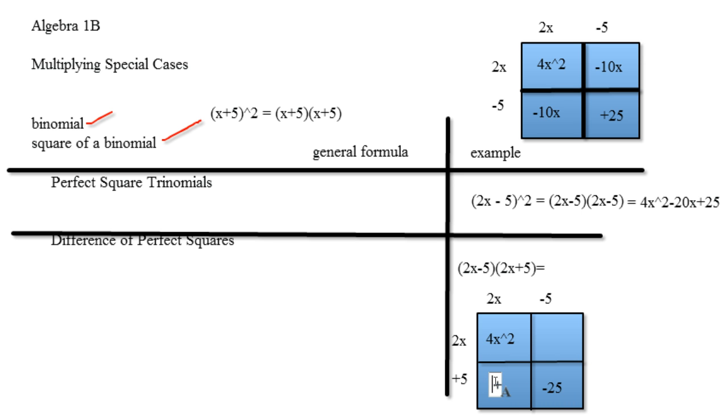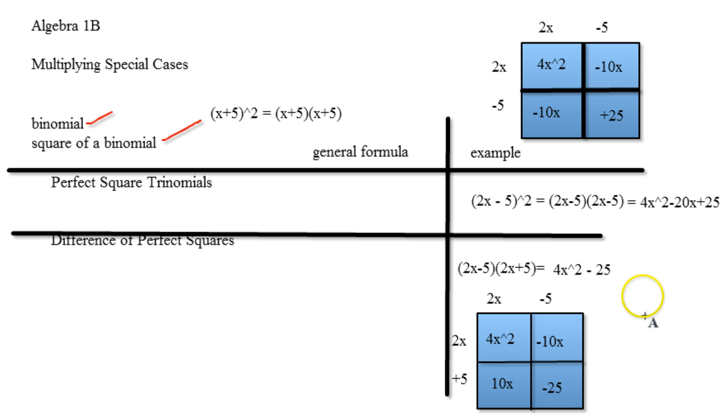And then right here, this is going to be plus 10x, and this one's going to be a minus 10x. So when I combine those, that will actually just cancel out. So I am left with 4x squared minus 25. Need the minus sign. Let's get that down. Minus 25. There we go.